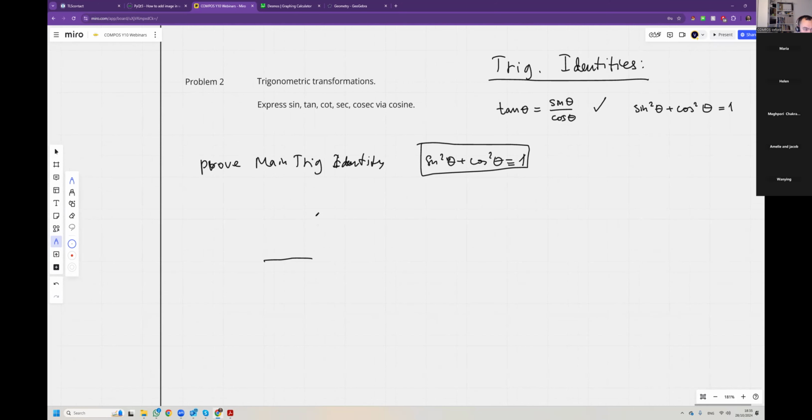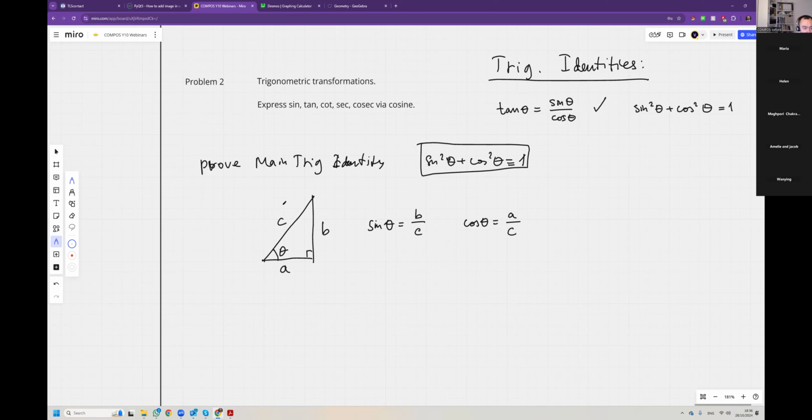Let's use a triangle for that. Let's call this A, B, and C, and this angle is theta. So sine theta is opposite over hypotenuse. Cos theta is adjacent over hypotenuse. Sorry, I said opposite over adjacent; I meant hypotenuse, of course.